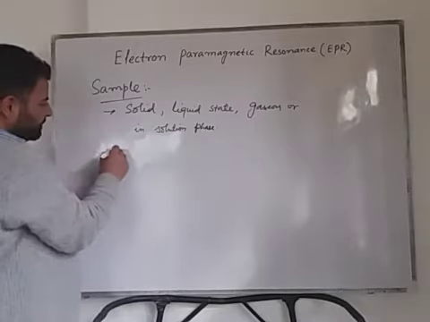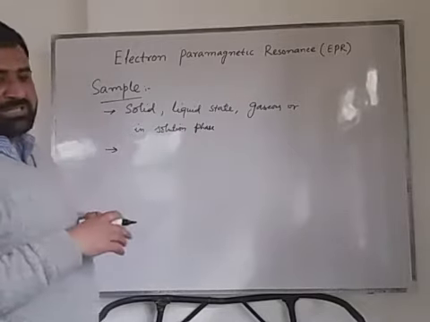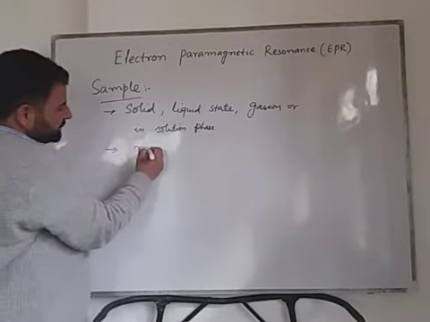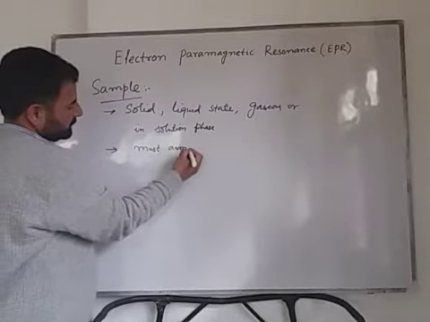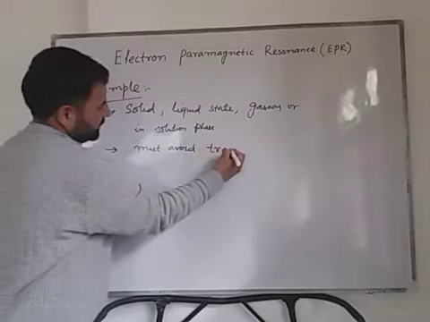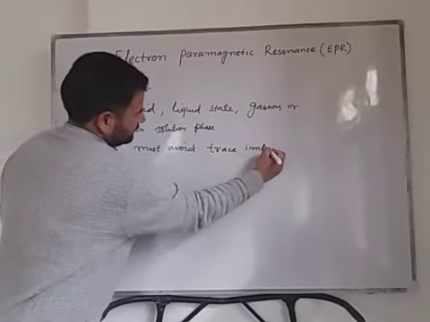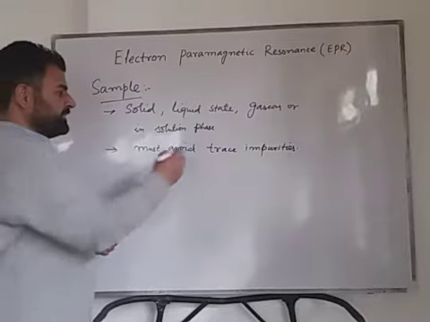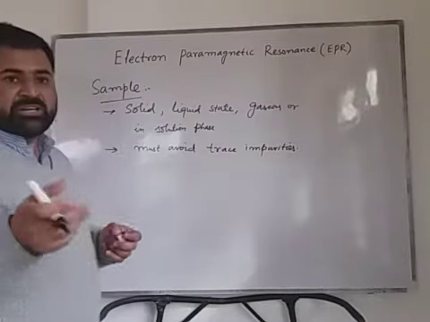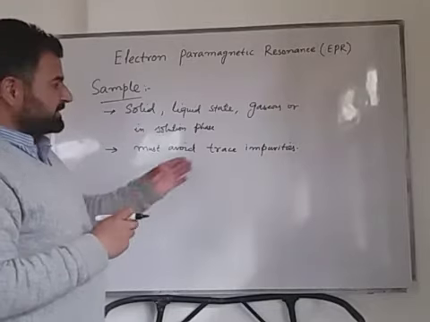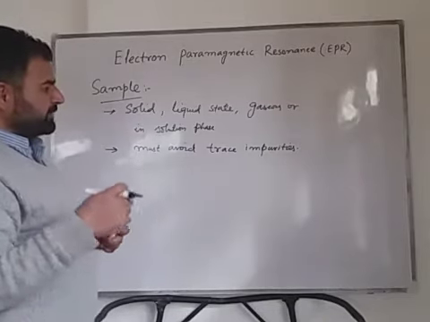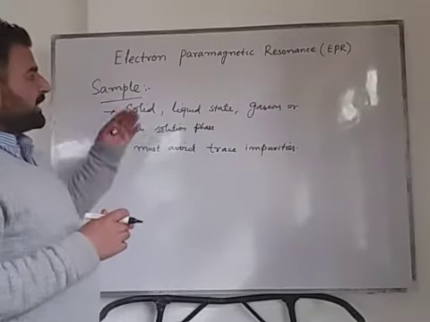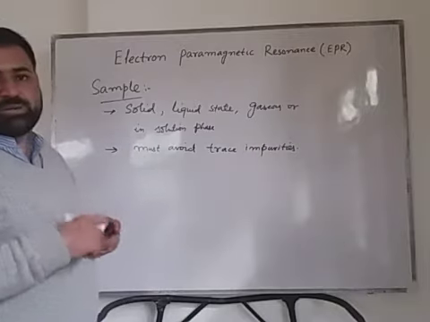Another thing is that since EPR spectroscopy is a very sensitive technique, we must avoid trace impurities. If there are trace impurities containing magnetic electron spin in the sample, they will intervene with our EPR spectrum and give a misleading result.